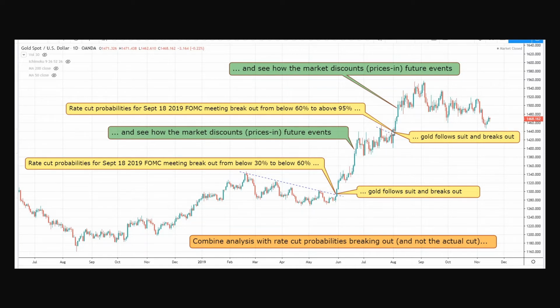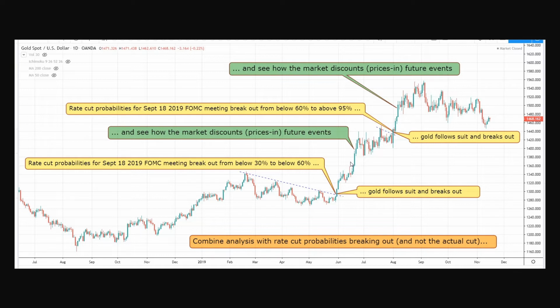And then you see again, the market discounting until we start topping out here. And now the market has fully priced in the probabilities of the rate cuts happening. Not the rate cuts themselves, just the probabilities of those rate cuts happening.